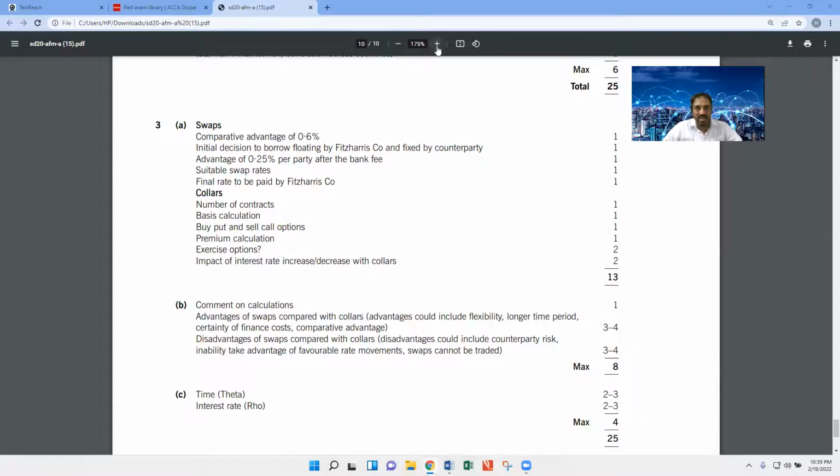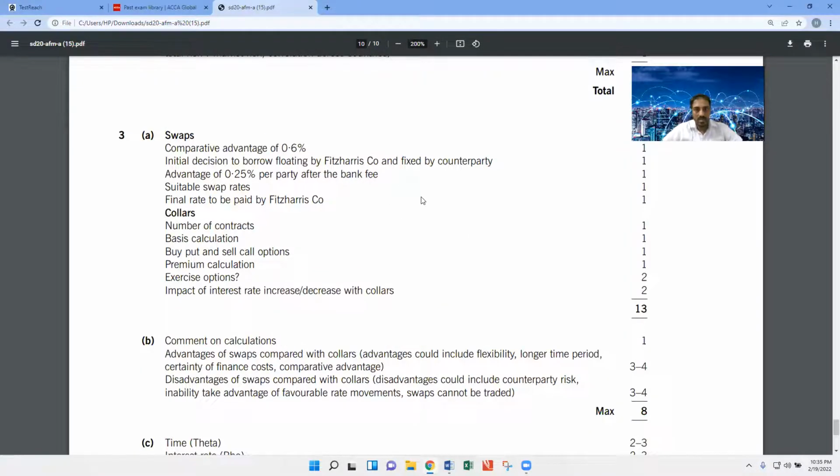That is about the marking scheme. If we work out with the callers, the number of contracts has 1 mark. The basis calculation remains, we will work out. But buy put, sell call has 1 mark. The premium calculation has 1 mark.